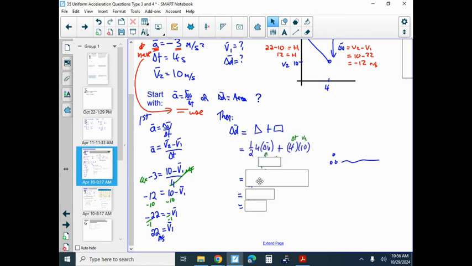Okay? So the positive 12, and we've got the 40 times the 10 for the rectangle. That becomes a 2, so that's 24 plus the 40 gives us 64 meters. So therefore, the initial velocity was 22 meters per second, and the displacement was 64 meters.